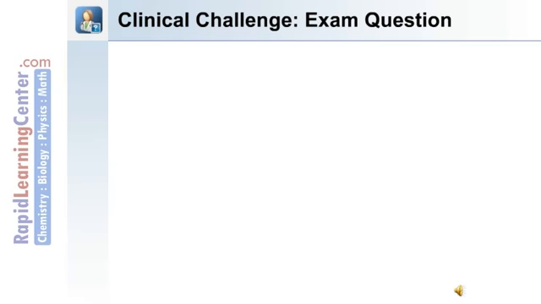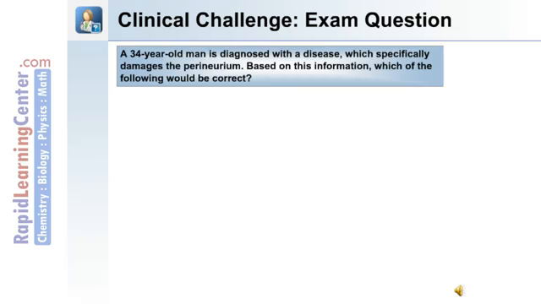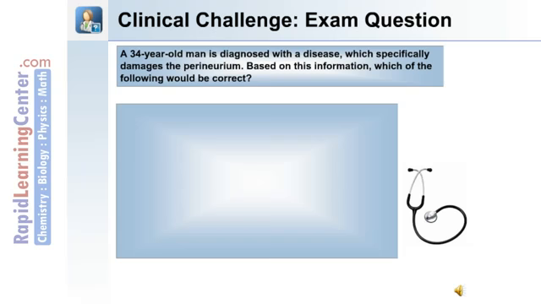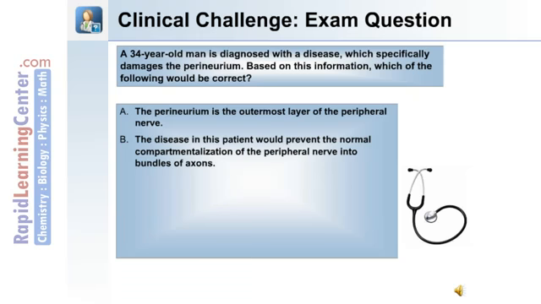Clinical challenge exam question. A 34-year-old man is diagnosed with a disease which specifically damages the perineurium. Based on this information, which of the following would be correct? A. The perineurium is the outermost layer of the peripheral nerve. B. The disease in this patient would prevent the normal compartmentalization of the peripheral nerve into bundles of axons.